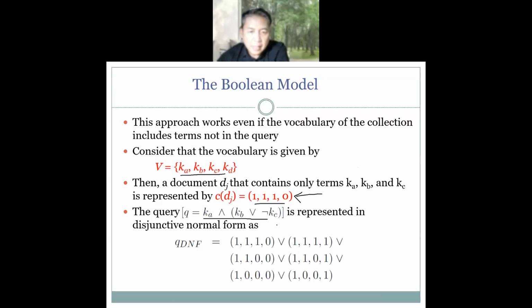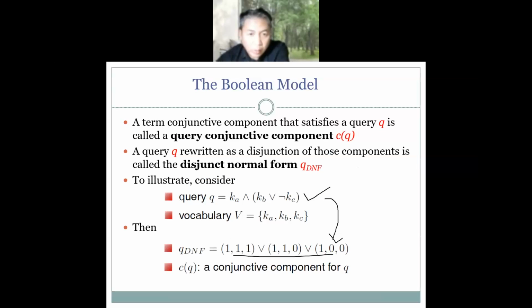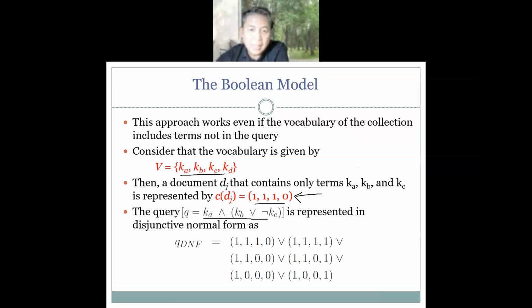Since in the query I do not have D, it means I don't care what the value for D is. So D could be 1 or 0. So that's why the query is similar to this, but with D.